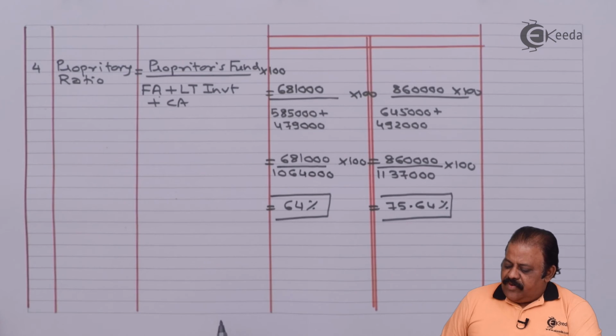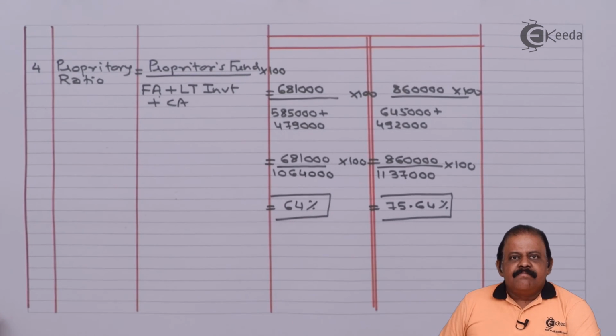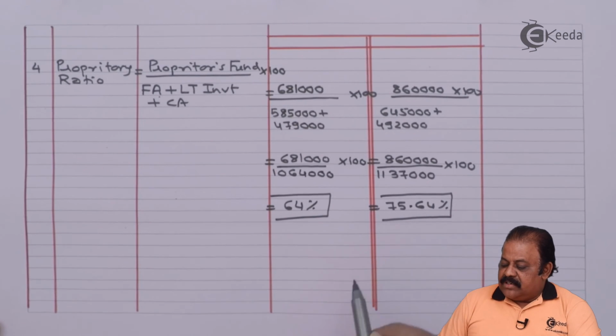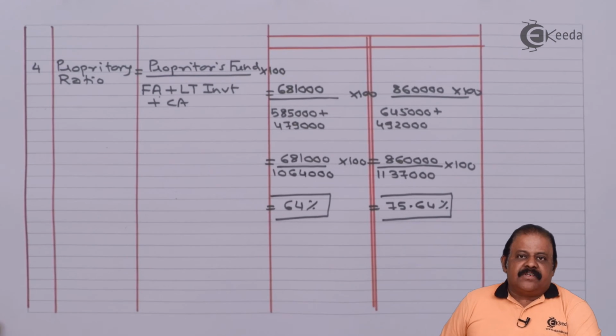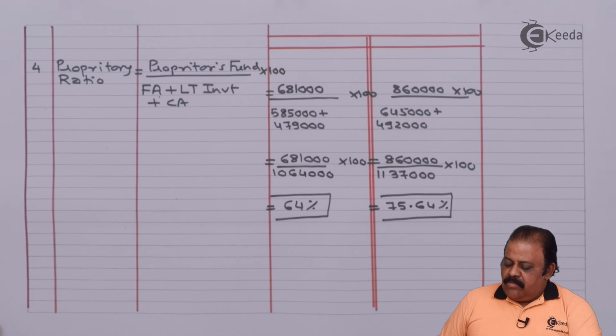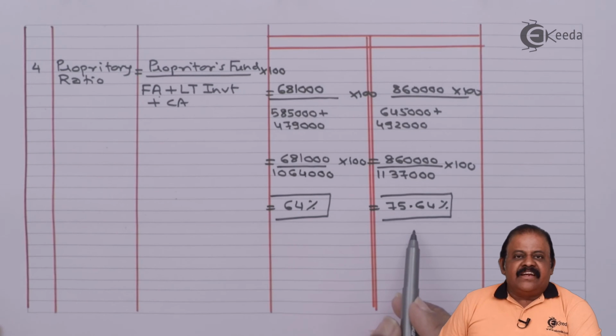Proprietary ratio, first year 64% and second year 75.64%, that is almost 76%. This ratio shows long-term solvency position. Definitely during second year, long-term solvency position has become more better because proprietor is having more share in assets.